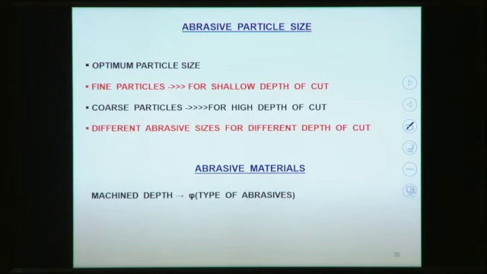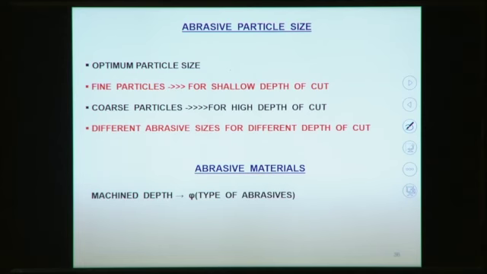So for abrasive particle size, the optimal particle size is required, because when the abrasive particle size is more than this optimum particle size, it will clog the inner surface of the nozzle. Because this nozzle diameter is in the sub-micron range, if we increase the diameter of these abrasive particles, it will clog the internal surface of the nozzle.